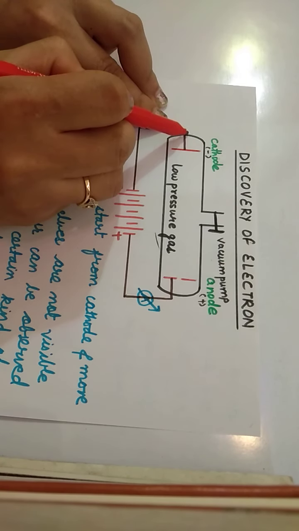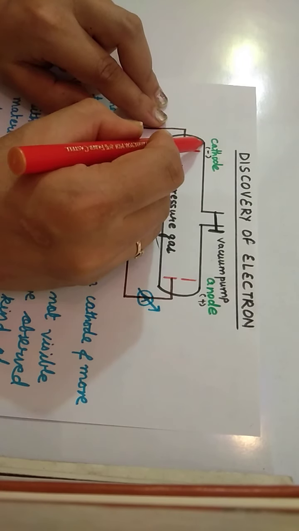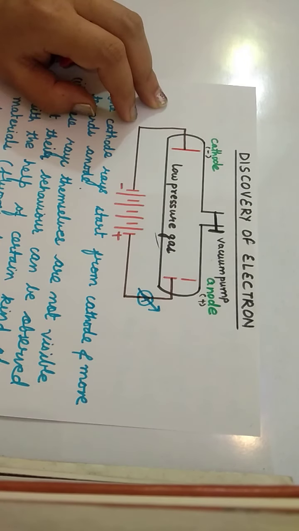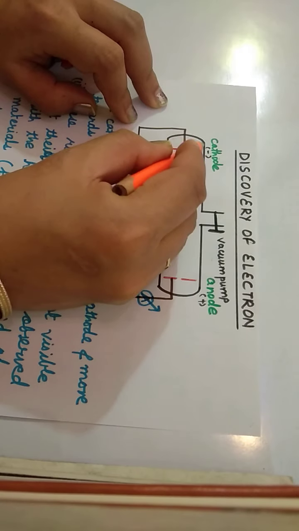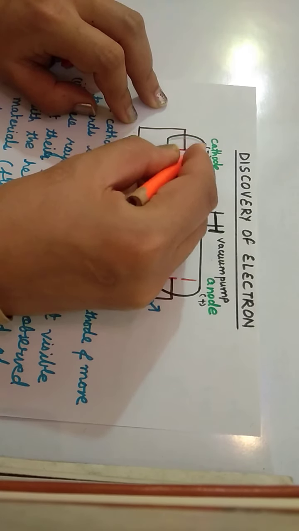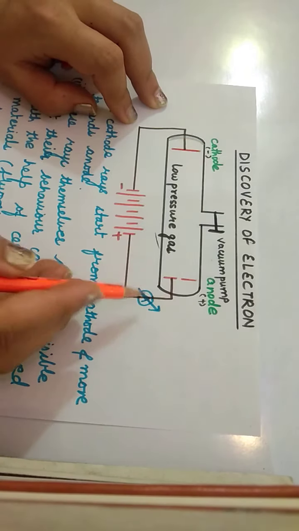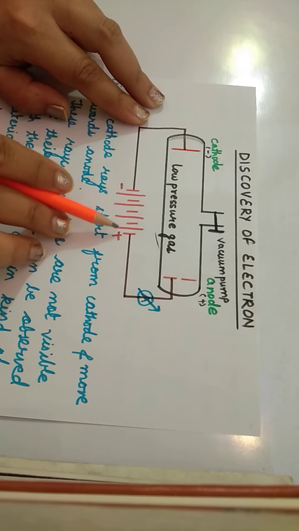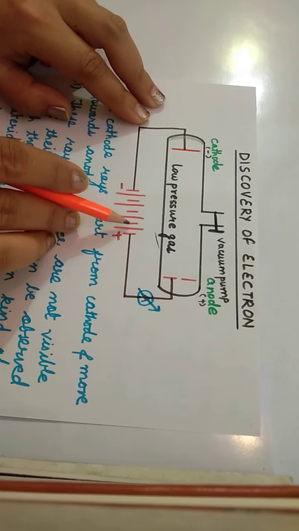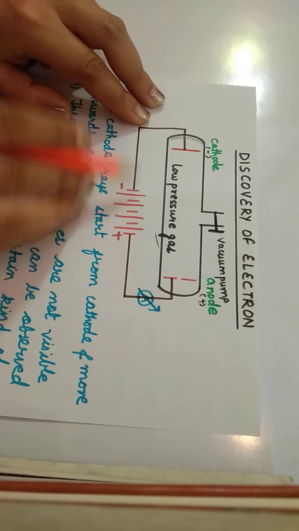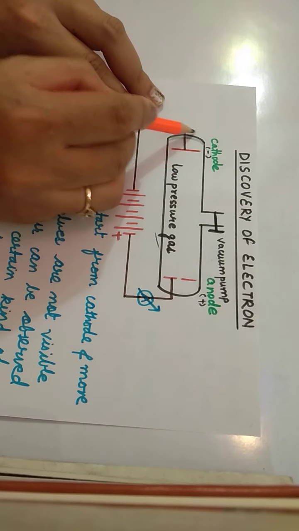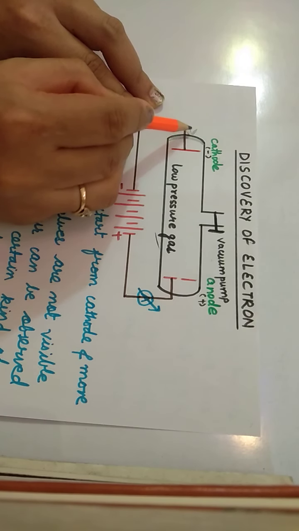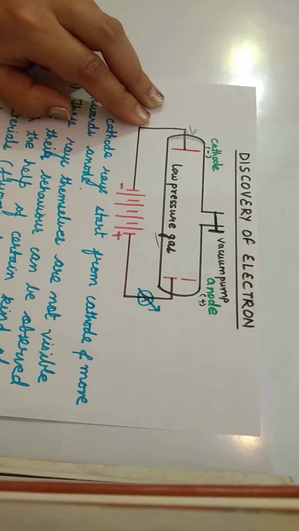Here first he put the zinc sulfide screen this side like this. And then passed high voltage current, that is around 10,000 volt DC through this, and on passing that there was no glow in the discharge tube.